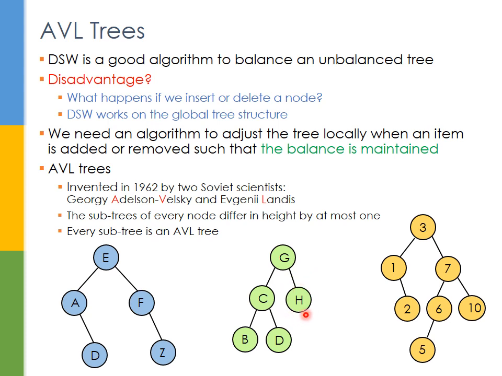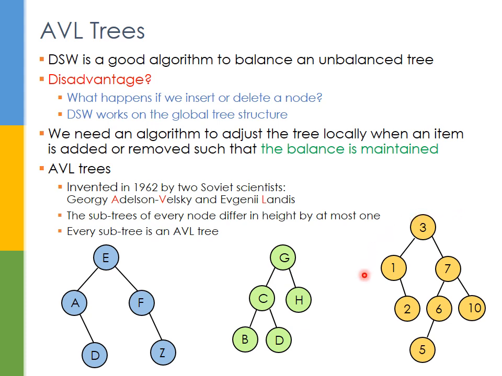Obviously, with node H, we are dealing with no children, so that also satisfies the AVL tree requirement. And then if we look at node C, we have a height difference between its left and right subtrees of 0 because the heights of those subtrees are both 1. So again, this middle tree is an example of an AVL tree.